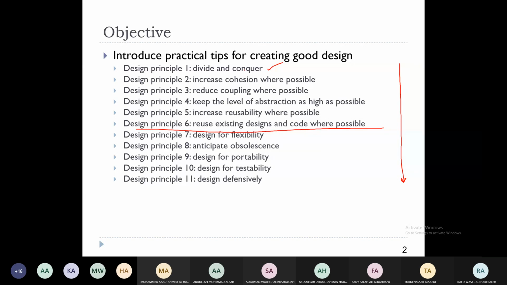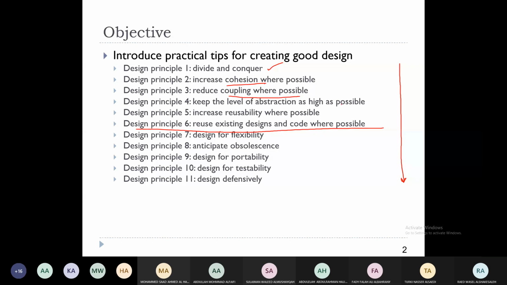The next one was increase cohesion. You are always interested in increasing the cohesion of your system, and at the same time reducing the coupling of your application, your subsystems, classes and packages.